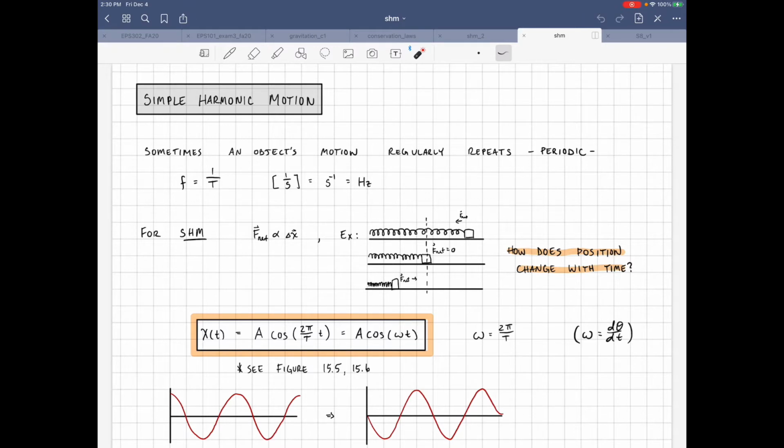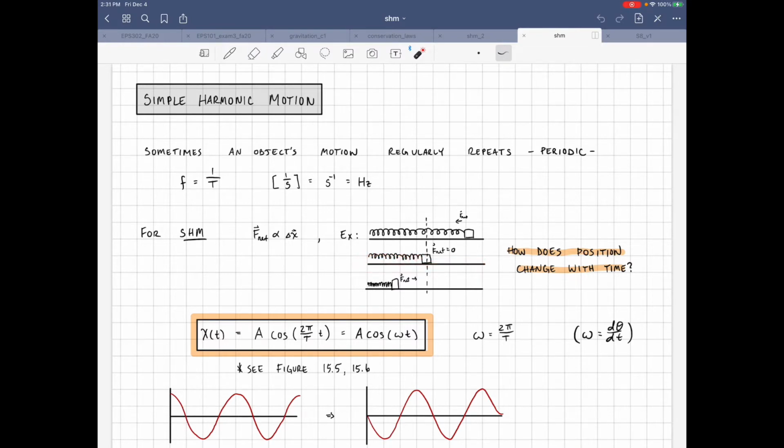Now, simple harmonic motion is motion that repeats because the net force on the object is proportional to the displacement of the object. And I've got an example here, a mass attached to a spring on a frictionless table.